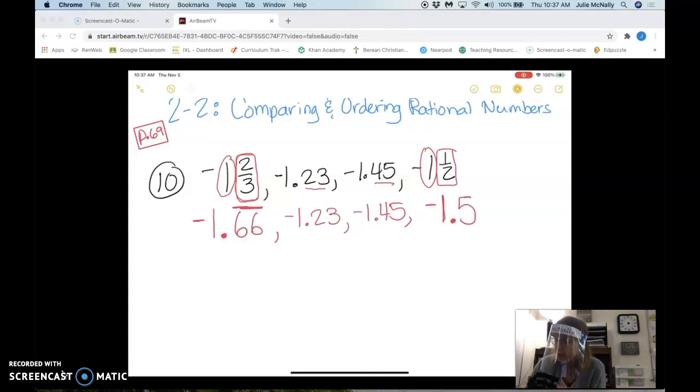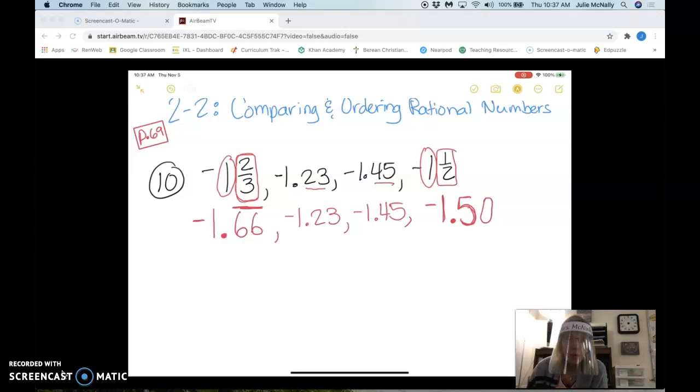So 1.5. But remember, I need it to be 2 places after the decimal. So what do I put after the 5? Not a 5 because it's not a repeating 5. Just a 0. So 1.50. And this is going to help me put them in order.